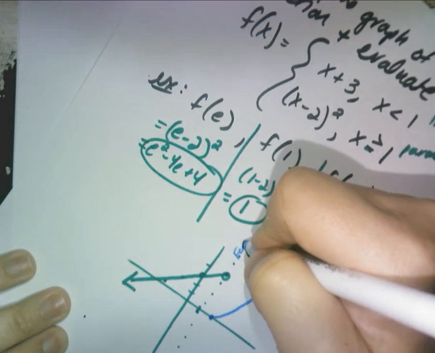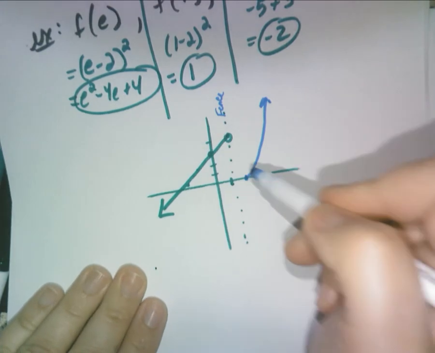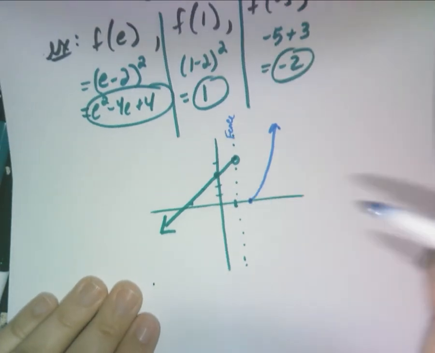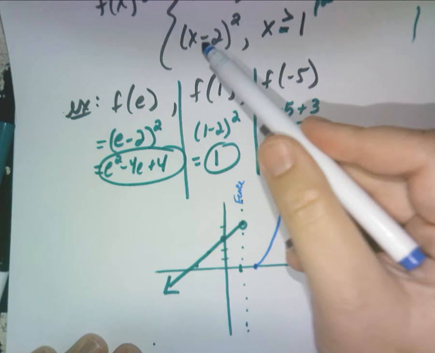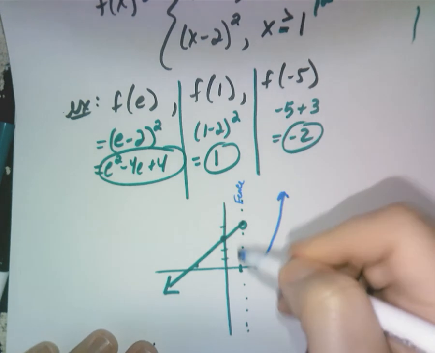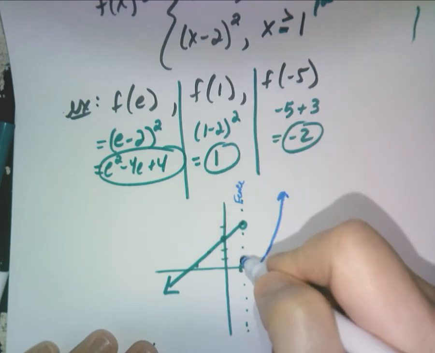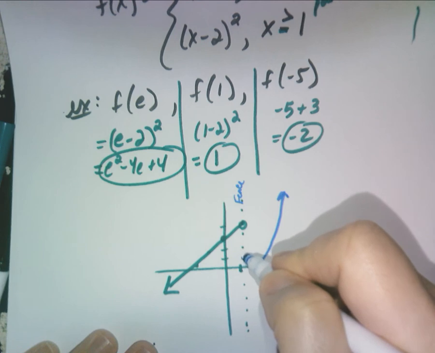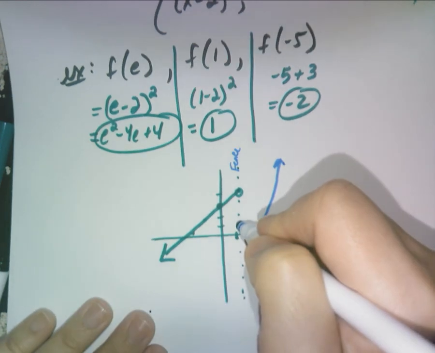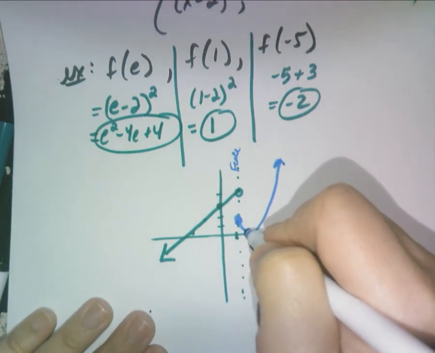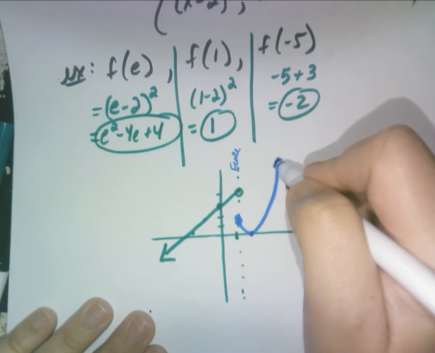So you still have to draw the parabola to the fence, meaning I still need to plug a 1 in. So if I plug a 1 in here, we already did it. It was 1, so it's right here. And is it closed or open, by the way? Closed. So you actually have a parabola that looks like this.